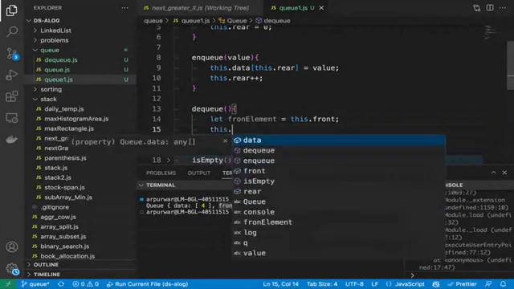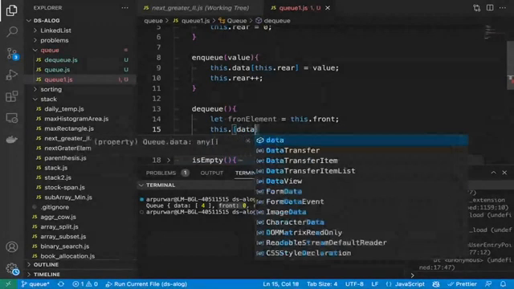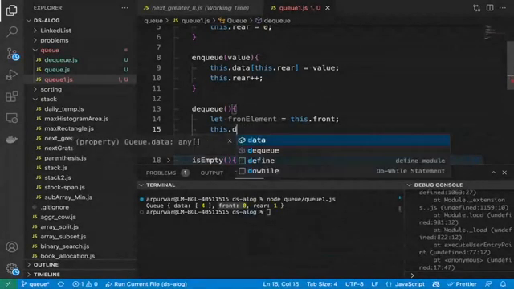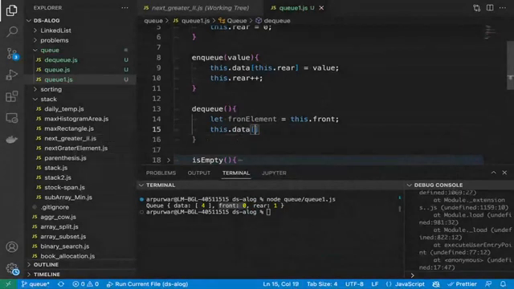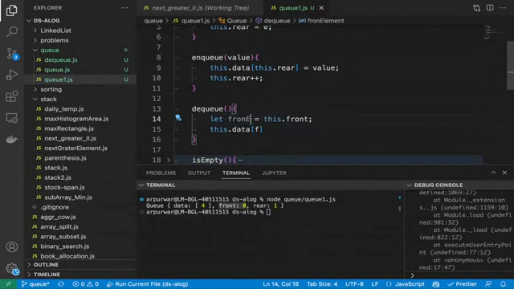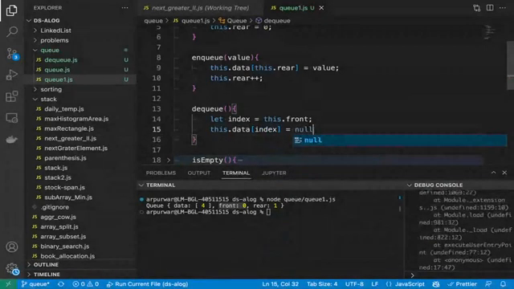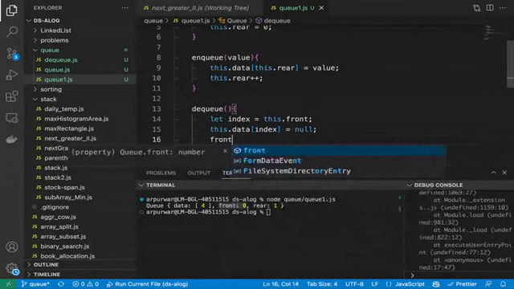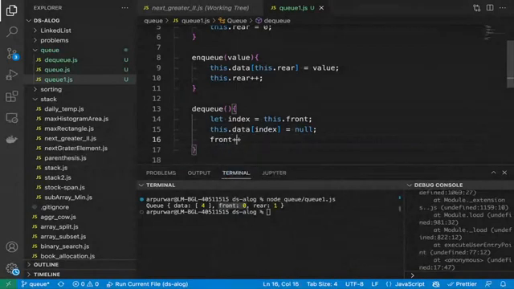And at this place we can keep front index, or we can simply write index. At that index we are keeping null, empty. And then we are doing this.front plus plus.